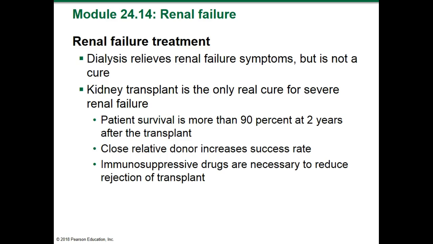Kidney transplant's the only real cure. And survival rate's more than 90% at 2 years after a transplant, so that's pretty good. If it's a close relative donor, much more successful. People still have to take immunosuppressive drugs, though, to reduce the rejection of a transplant, just like in all transplants.